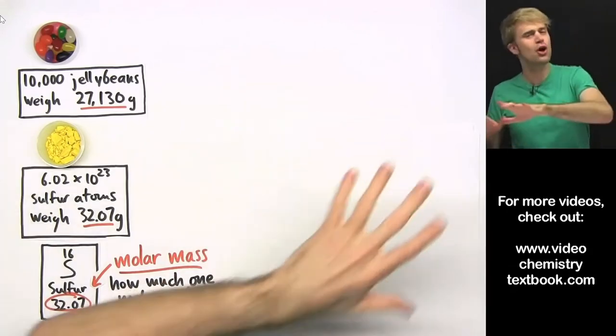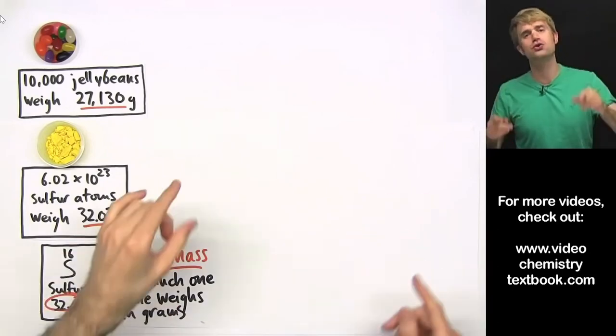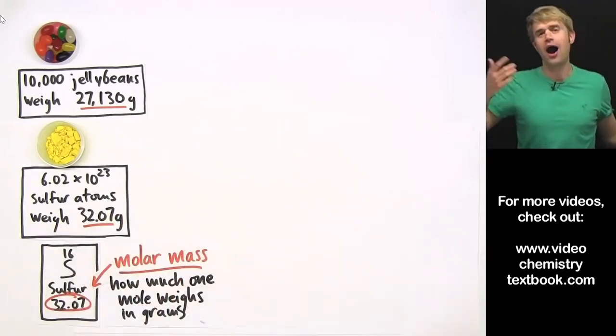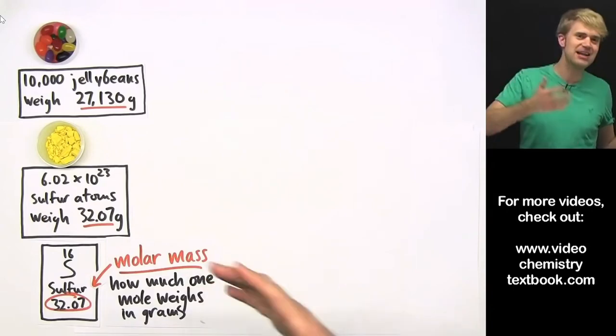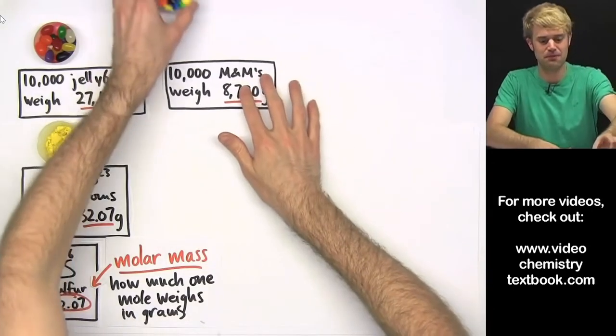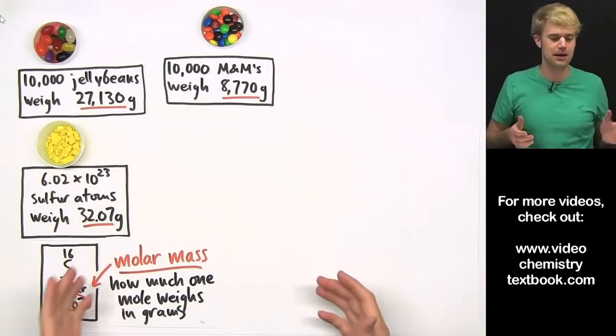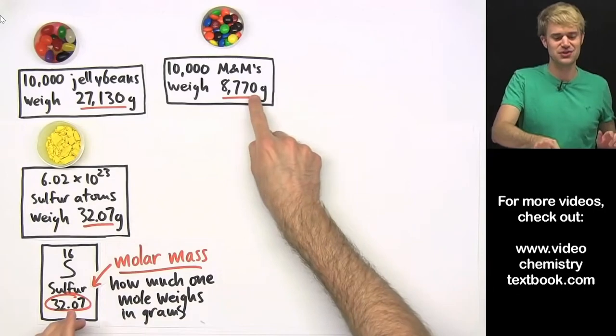Now, let's go back to the candy factory. Imagine that I get all kinds of orders for all sorts of different candies. I can figure out what 10,000 of many different types of candies weigh. So, for example, maybe I have to do M&Ms one day, and I can find out that 10,000 M&Ms weigh 8,770 grams.